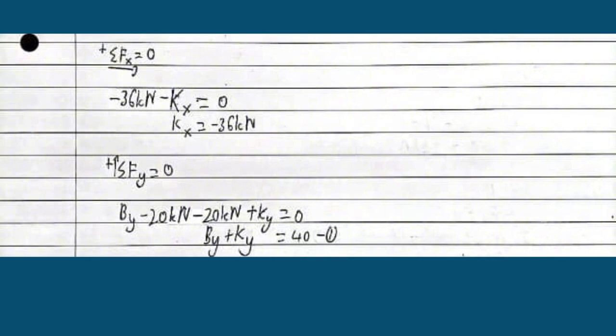For the y-axis, the sum of forces equals 0: minus 20 kN, which is in the opposite direction, minus 20 kN plus Ky equals 0. So Ky equals 40, which is equation 1.